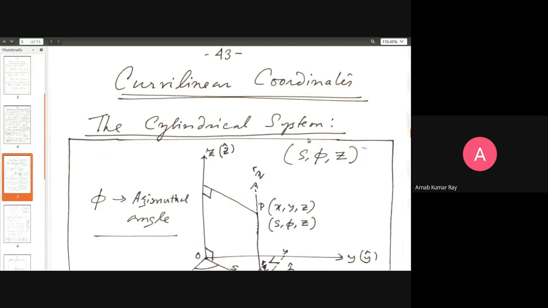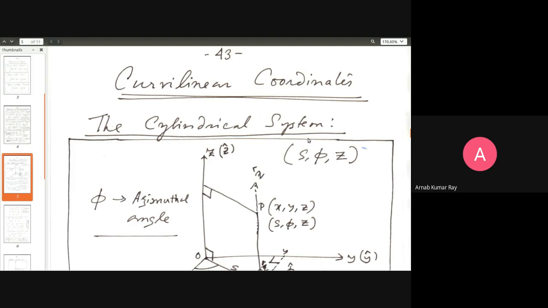But occasionally, it will be helpful for us to work in other coordinate systems which operate with different variables. One such system is the cylindrical system and the other system is the spherical polar system.